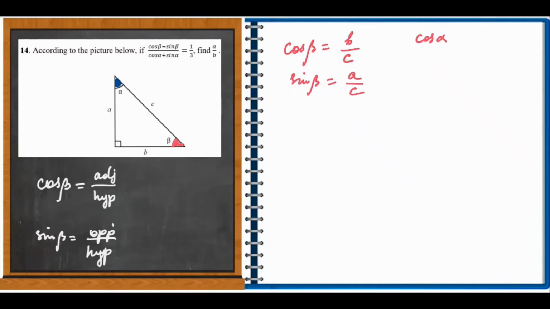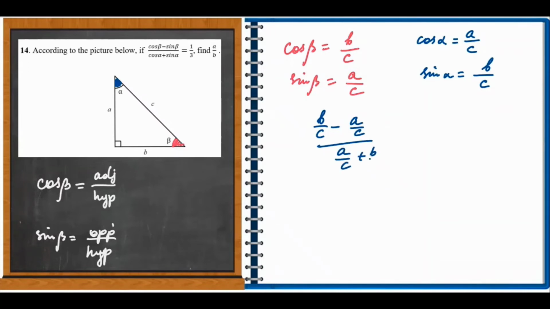Adjacent to alpha is a, and hypotenuse is still c. Sine alpha is equal to opposite to alpha, which is b, and hypotenuse is c. Now we should subtract them. B over c minus a over c, over a over c plus b over c.